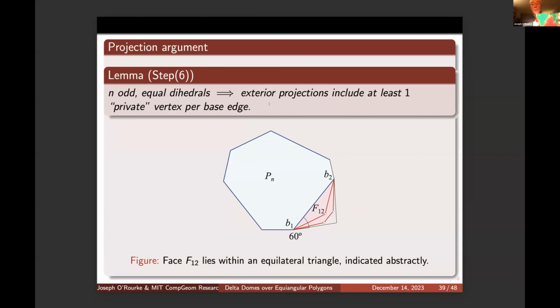So if you look from the top, then those red vertices stick out, so to speak. They project outside the base. That's what this picture is supposed to indicate. And because they project outside the base, they are private and they can't be shared by others.